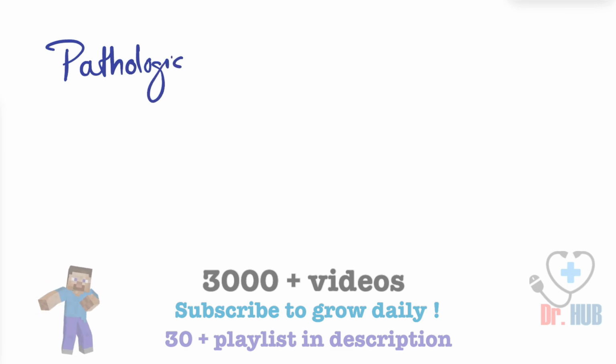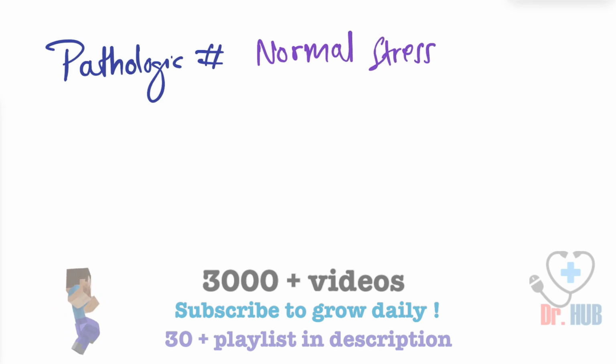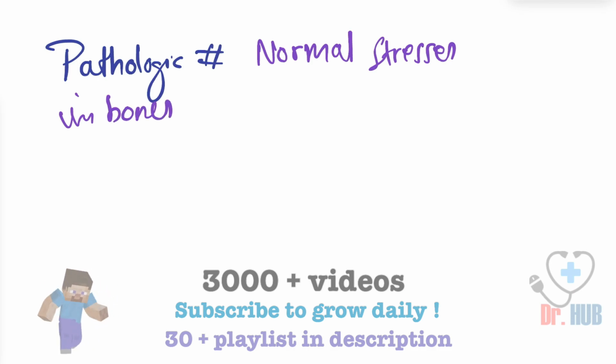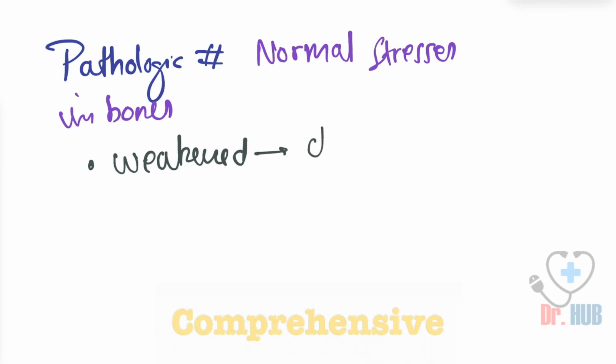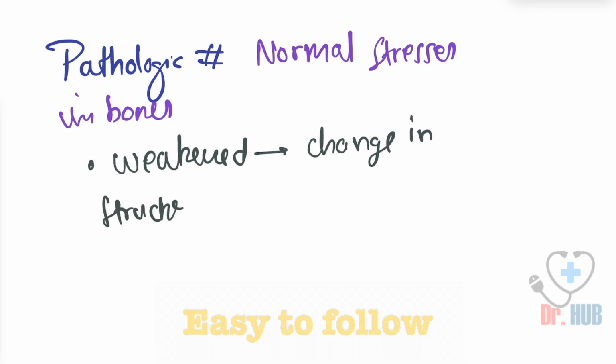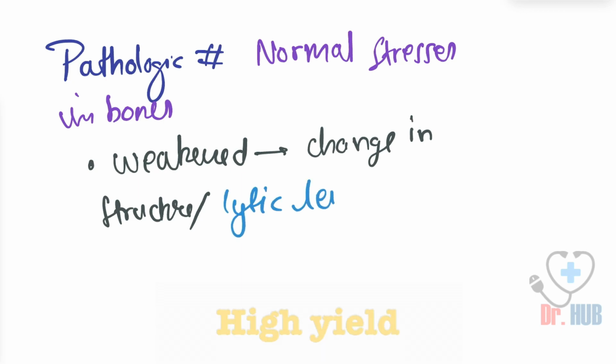A pathological fracture occurs with normal stresses in bones that have been weakened by a change in structure, as well as through lytic lesions. So this is the definition of the pathological fracture.